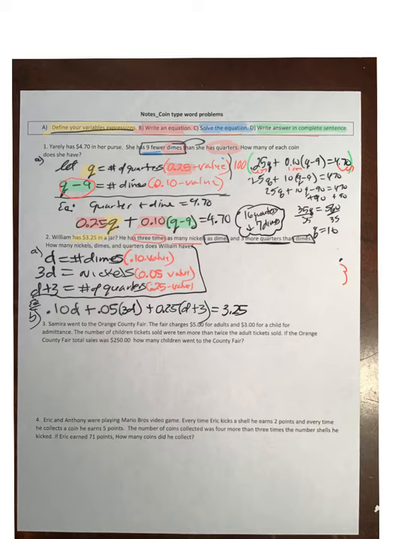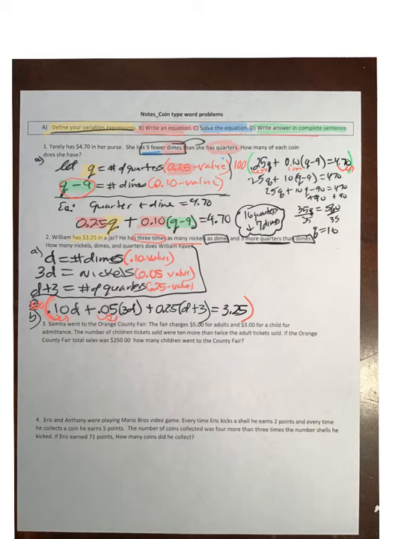And because I'm running out of room, I think what I'm going to do is start solving this equation by busting out the decimals. So I'm going to multiply the entire equation by 100, because didn't we just learn in the last homework assignment that if you multiply by 100, it moves the decimal twice?